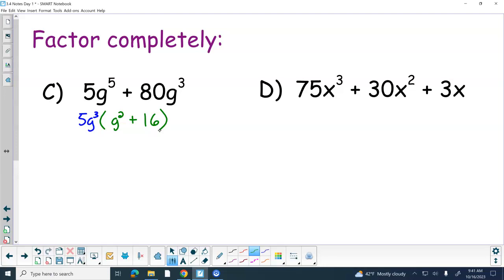Because g squared is a perfect square, 16 is a perfect square, but what's the kicker? Not a subtraction sign. So it can't do the difference of perfect squares. Yep, can't do it that way. So this is actually as far factored as it can go.